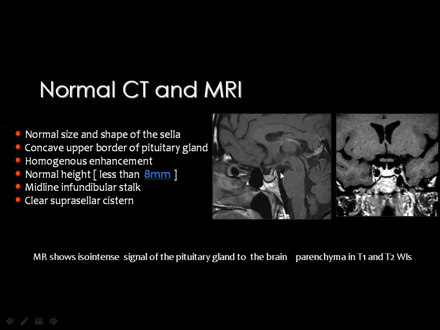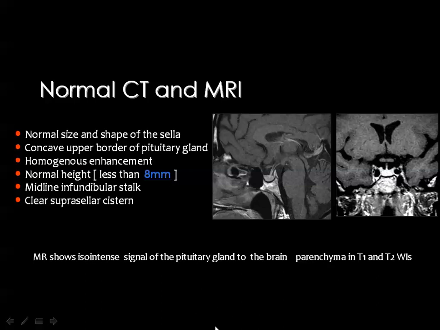You can appreciate the normal size and shape of the sella. You should ensure that the upper border of the pituitary gland is concave, especially in the coronal plane, and it may look flat in the sagittal plane.